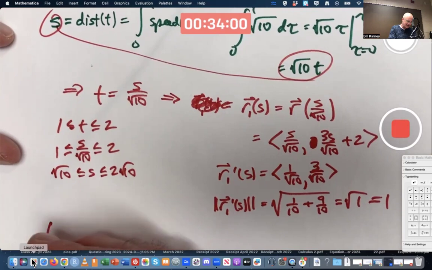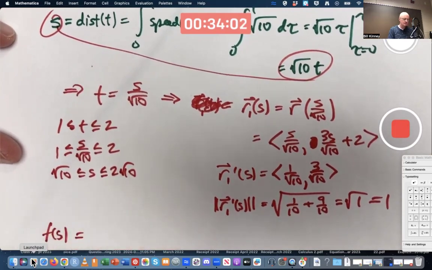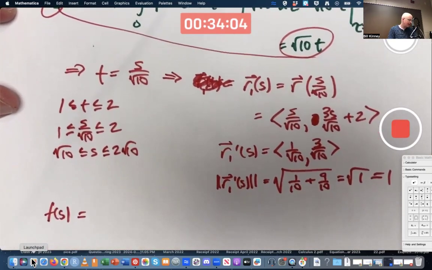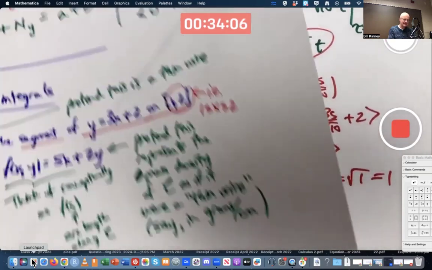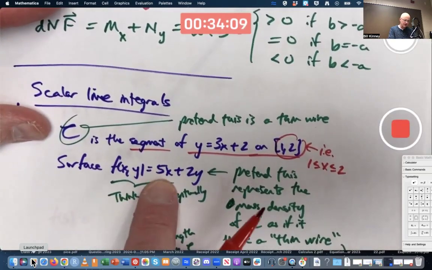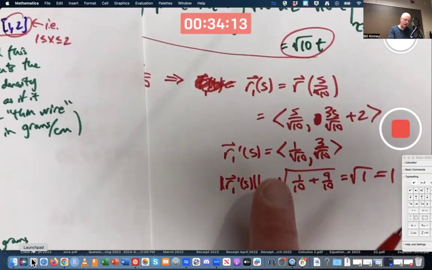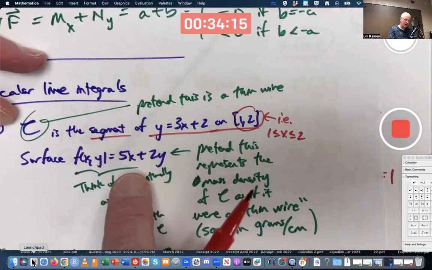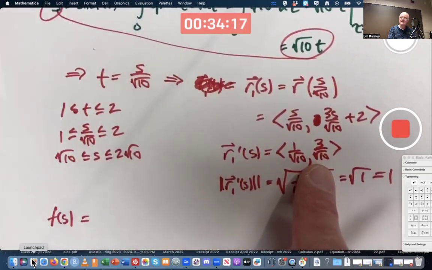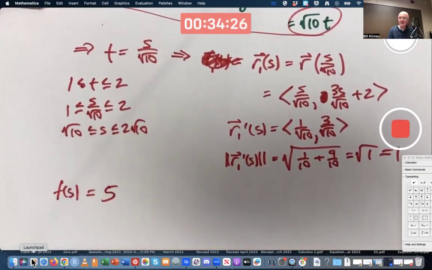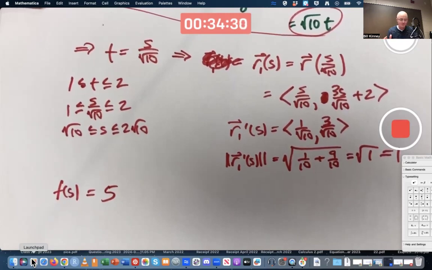What is f of s? f of s is this function where you replace x with the first component of R1, and you replace y with the second component. This is not the way you're going to typically compute these things, but I'm trying to make a conceptual point.